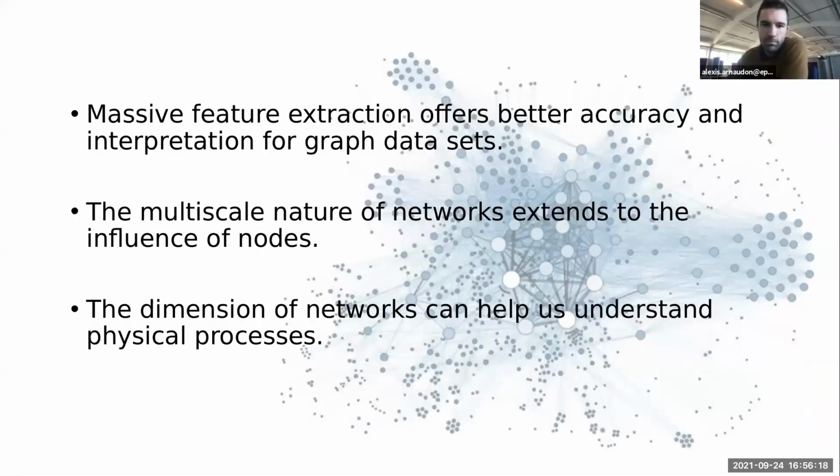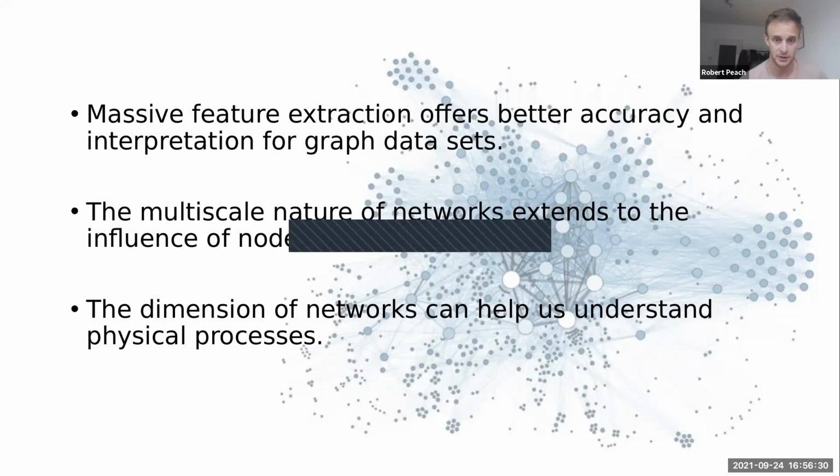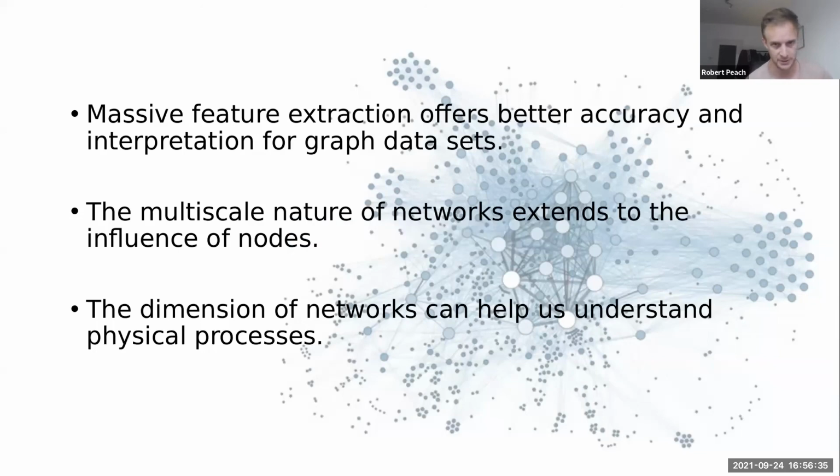Yeah, so just to quickly summarize everything. We just showed a lot of the work that Alexis and I have done together, under the supervision of Mauricio Barahona. Massive feature extraction on graphs generally offers better accuracy and interpretation for graph data sets.